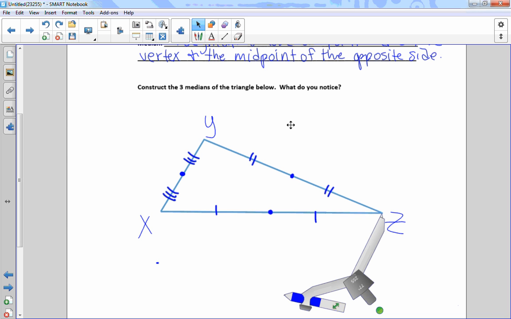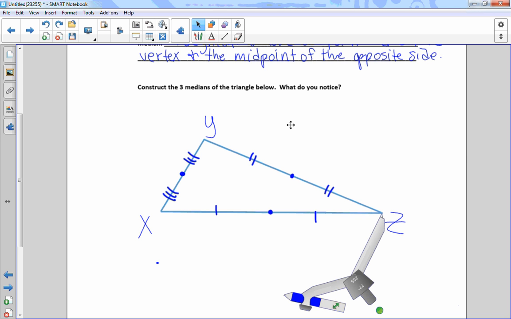So this one you just need to make a little longer. Looks like this one needs to be a little longer as well. Okay, take a ruler from there to there and mark where it intersects.